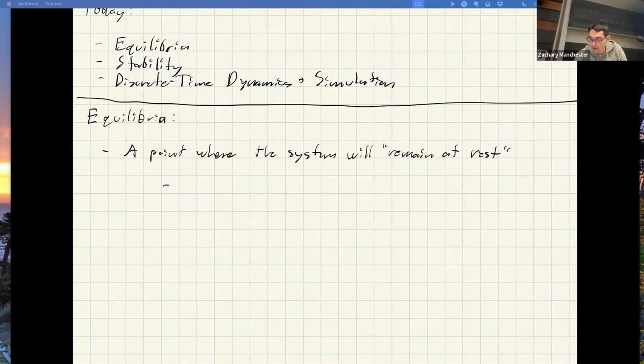And mathematically, if we were talking ODEs, that's where x dot, the time derivative, is 0, where it's going to stay still and not move. So if we're talking f of x, u, this whole thing's got to be 0. So from an algebraic perspective, an equilibrium point is a root, a 0 of the dynamics. Make sense?